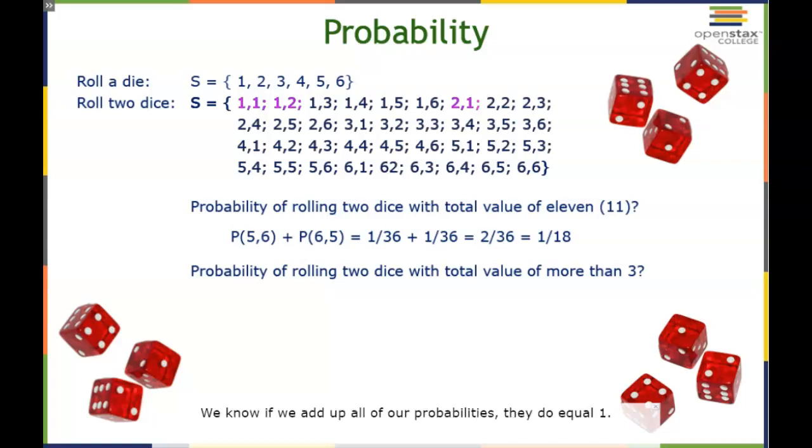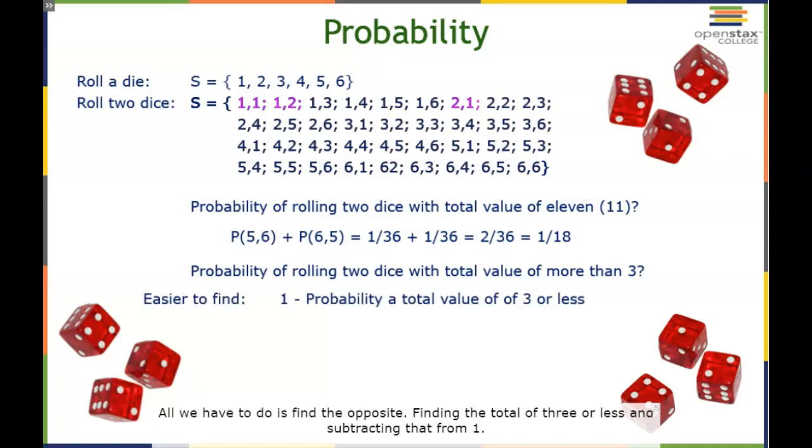We know if we add up all of our probabilities, they do equal 1. They will always equal 1. So if we want to find the opposite, which is finding a total of more than 3, all we have to do is find the opposite, finding a total of 3 or less, and subtracting that from 1.